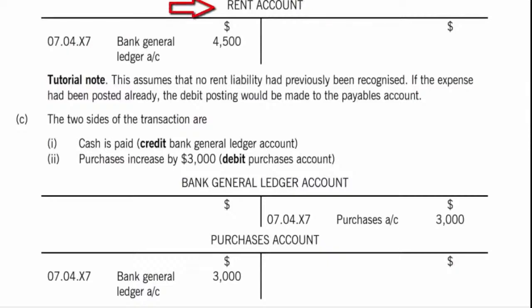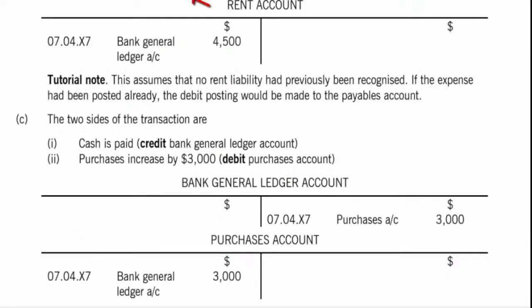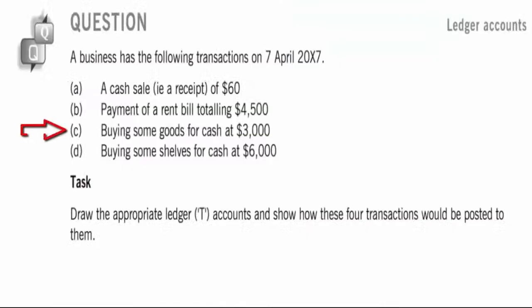Rent, an expense, increases because rent is a business expense. This is recorded as a debit in the rent account. How it's recorded in the ledgers: bank general ledger account, credit $4,500 to the rent account. Rent account, debit $4,500 from the bank general ledger account. Transaction C, buying goods for cash at $3,000.